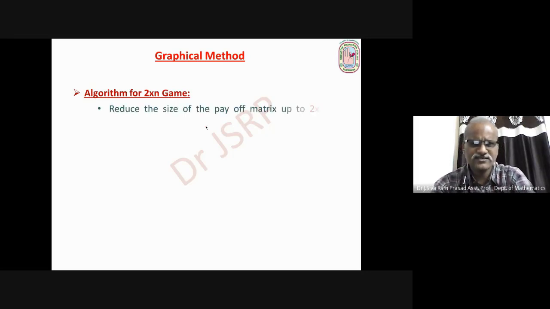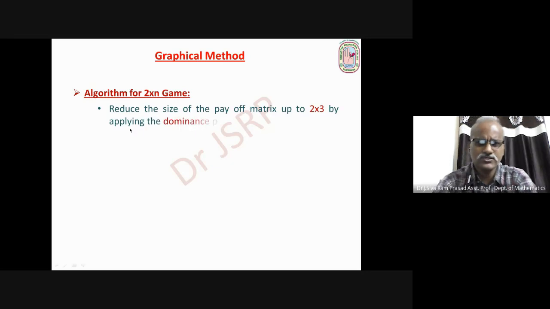First, the algorithm for a 2 by n game, that means player A has only two strategies. First step, reduce the size of the payoff matrix up to 2 by 3 by applying the dominance property if possible. We can reduce some columns, but we are not able to reduce rows.